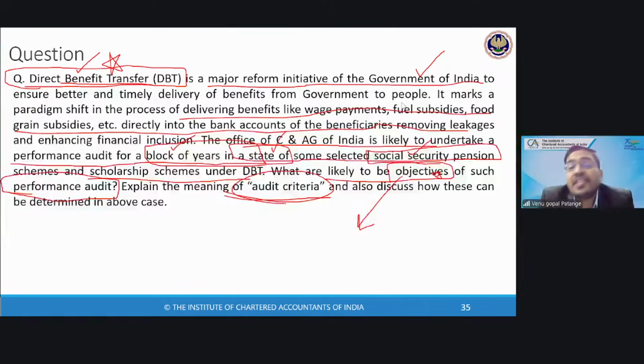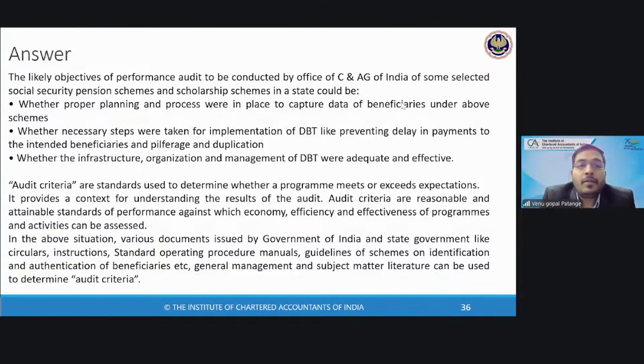This is an application-based question directly from ICAI. Let us see the answer. You will understand it. So what are the objectives? The likely objectives in this scheme are whether proper planning and process were in place to capture data of beneficiaries under the above schemes.